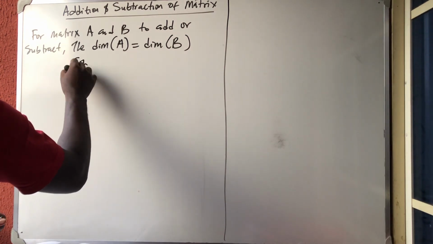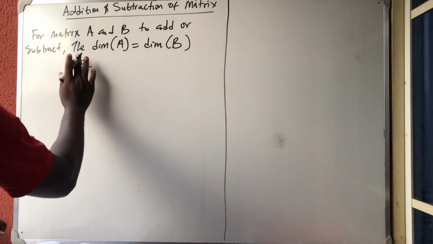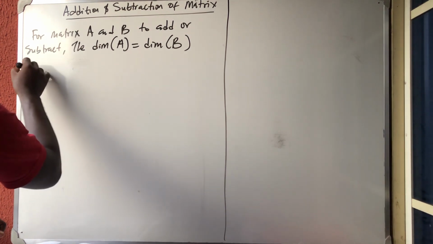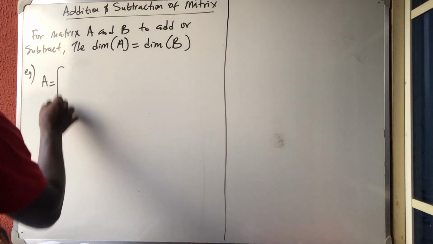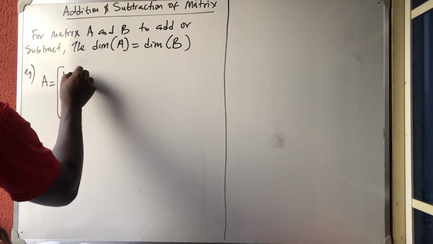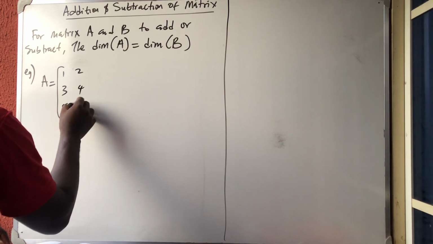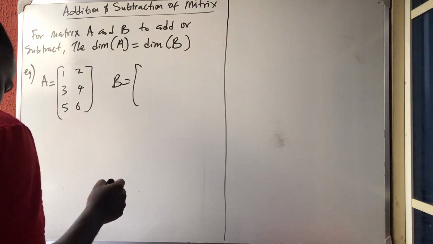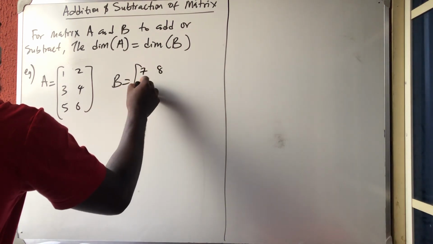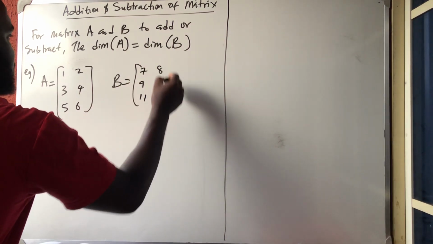Solution. Now I have that example. I have that matrix A is 1, 2, 3, 4, 5, and 6, and matrix B is 7, 8, 9, 10, 11, and 12.